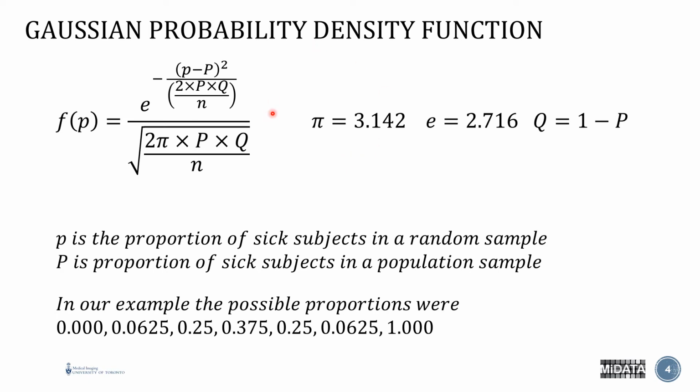This is something we're going to talk about fairly frequently, and that is the normal curve, or the Gaussian curve. And this density function is the one that gives you that curve and the area under it. In this case, it is applied to a binomial problem, if you wish, where you have a probability of an event.